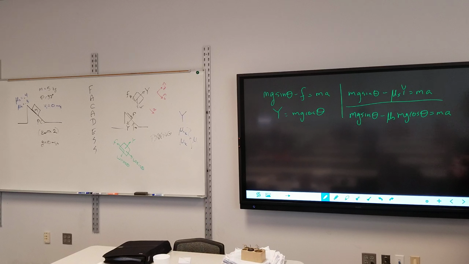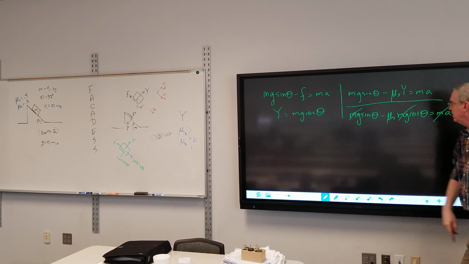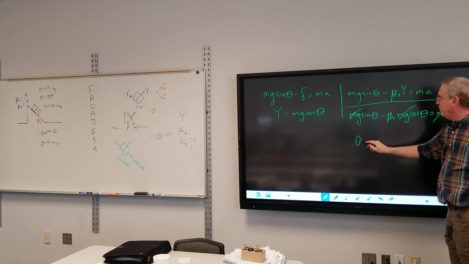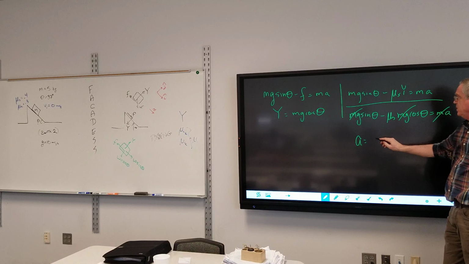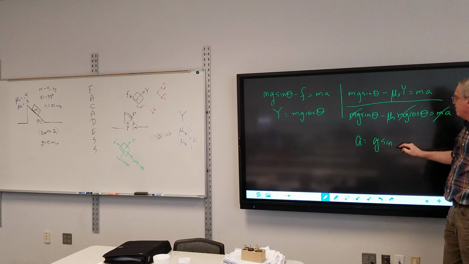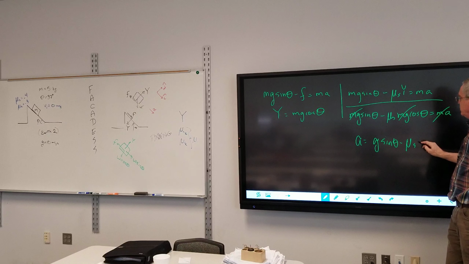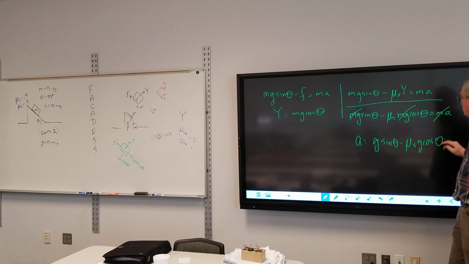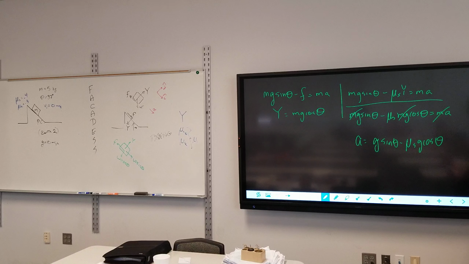Do I have a common factor to every term? M. So I can divide out m, and I'm left with my acceleration formula for this problem: g sine theta minus mu s g cosine theta. I have my formula for acceleration for this problem, and so I can now plug and chug.